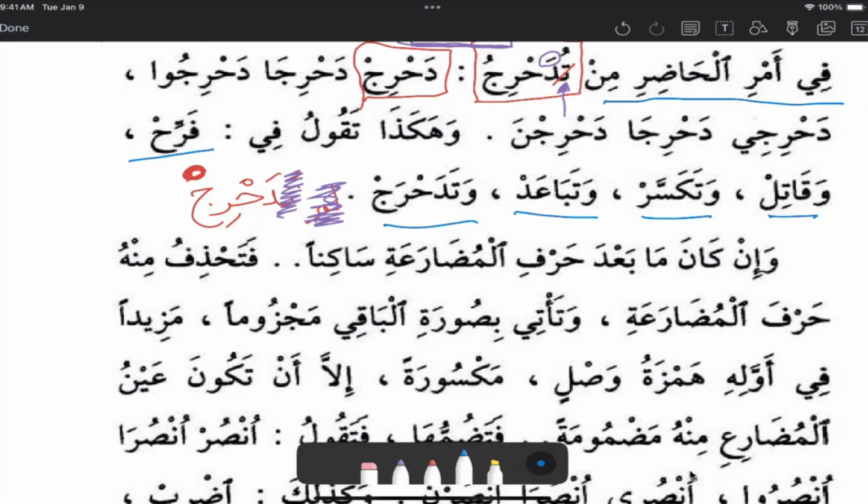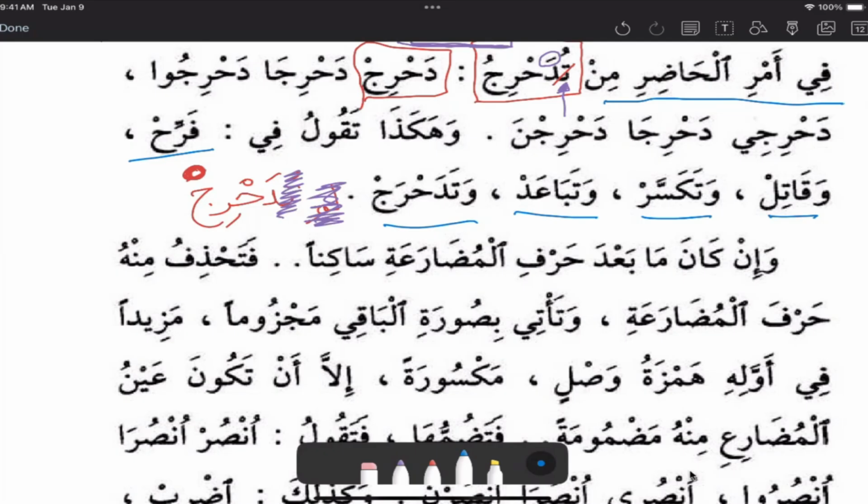What if someone says, I'm confused though, why is it not a mudari' verb? Because it just comes from the mudari' verb. Doesn't the mudari' itself come from the madi? You would say fa'ala. That's a madi. How do you get to the mudari'? You take the madi and you add the mudari' letter to it, and you change the vowels. Yaf'alu.